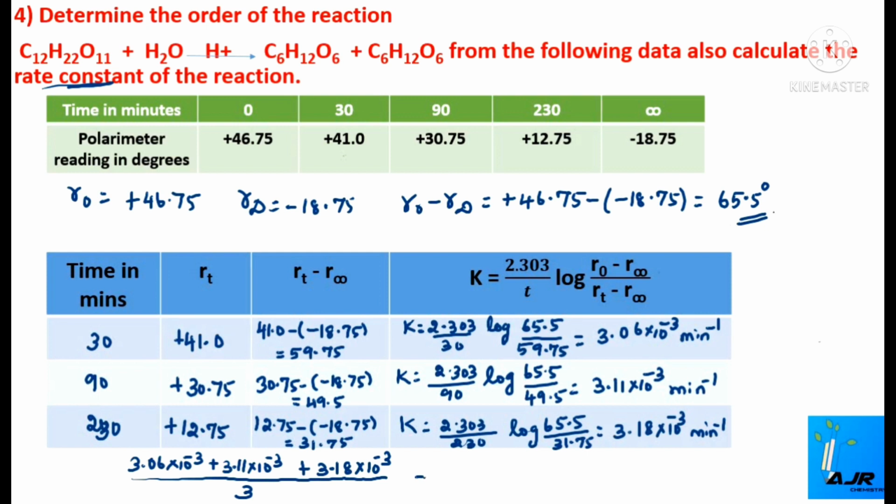After simplifying, you'll get 3.12 × 10^-3 min^-1. Understood, students? This is how you find the rate constant for a particular reaction.